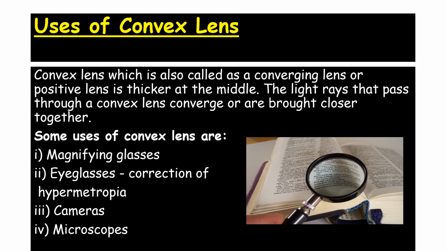It is also used in spectacles for correction of hypermetropia. Hypermetropia means when a patient finds difficulty in reading. That means he or she cannot see close by things very nicely. It is also used in cameras and microscopes.